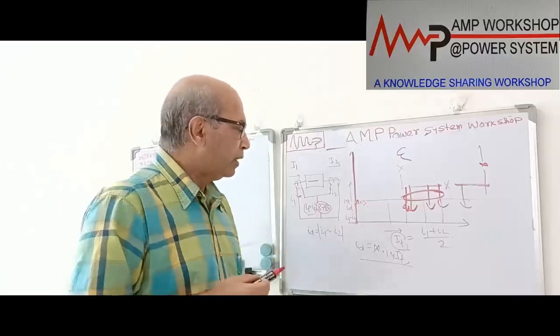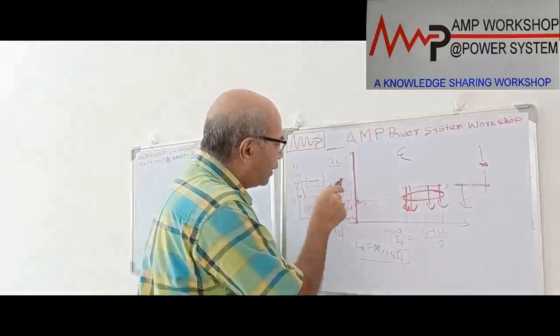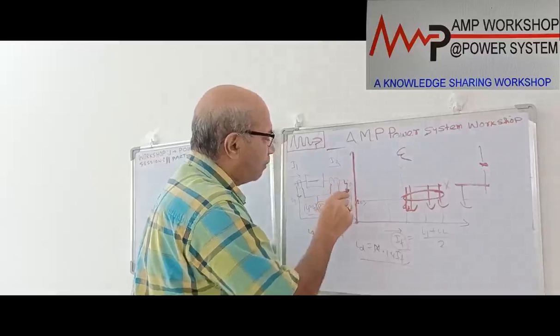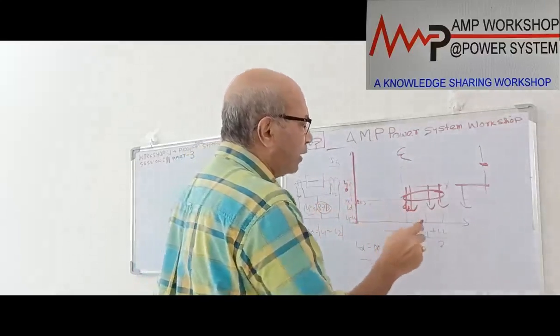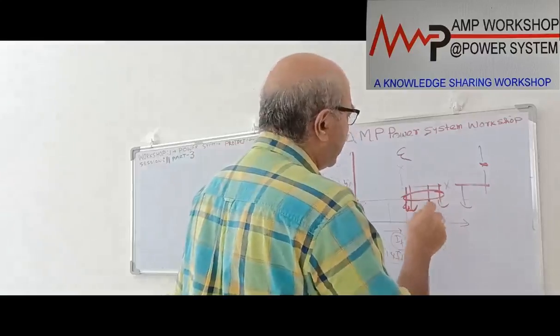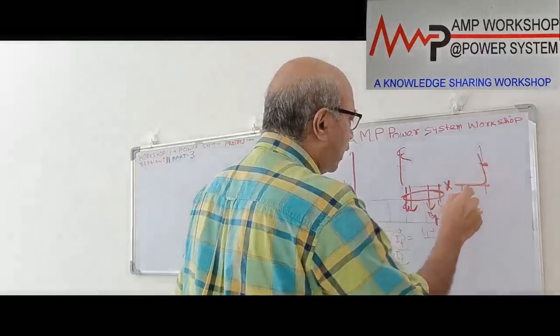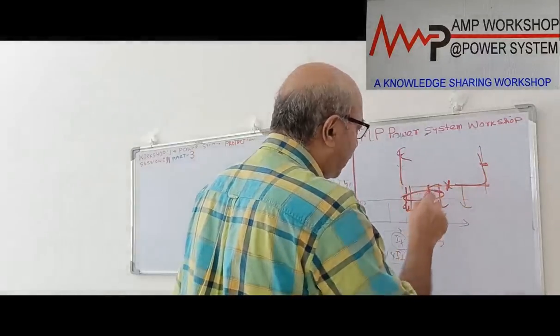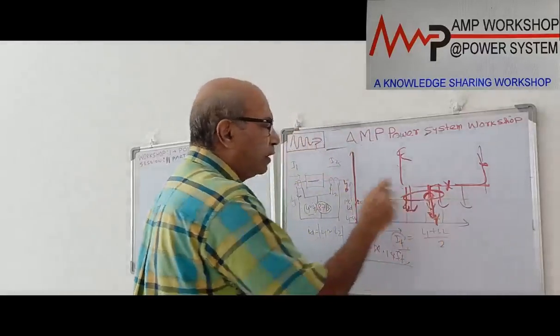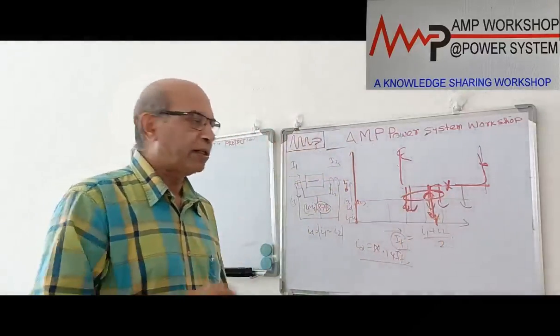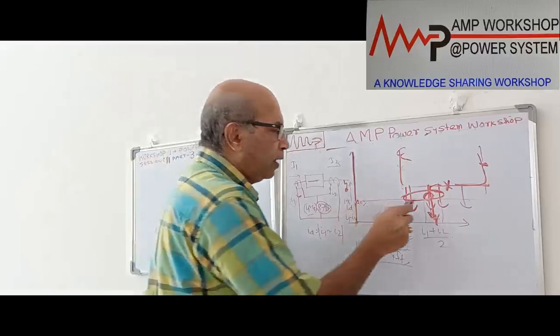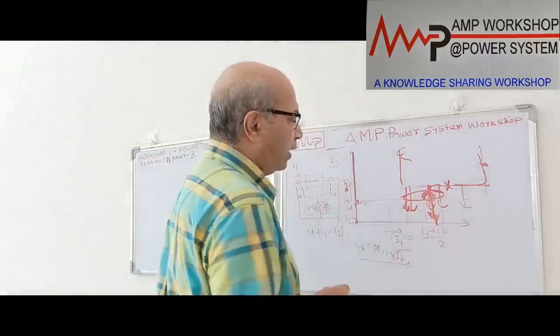That is one point. Second point, if any of the CTs during external fault, suppose the fault is over here, as we discussed, then all this fault current, suppose this breaker is closed, fault current will be coming this way, and this CT will be carrying the entire fault current. So this CT may get saturated. If this CT gets saturated, then automatically this CT will not give any output current.